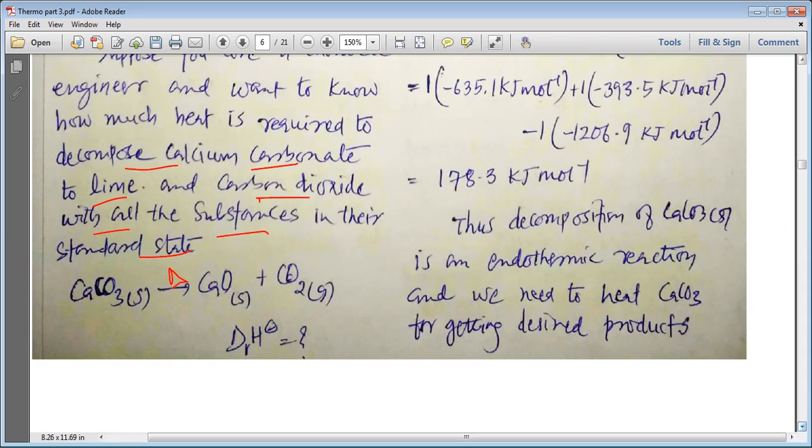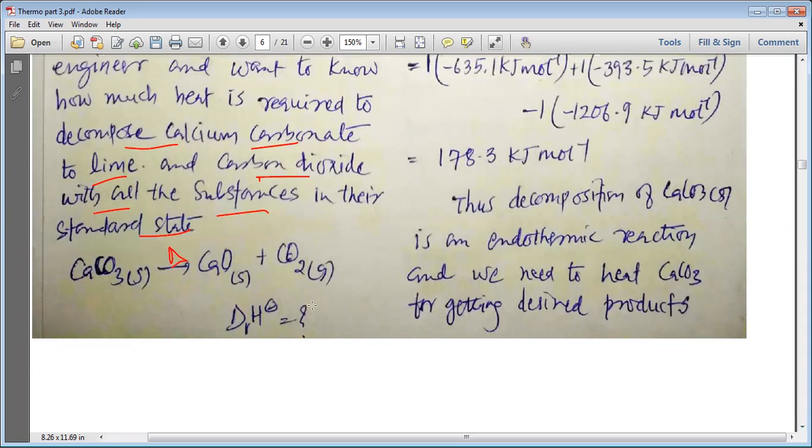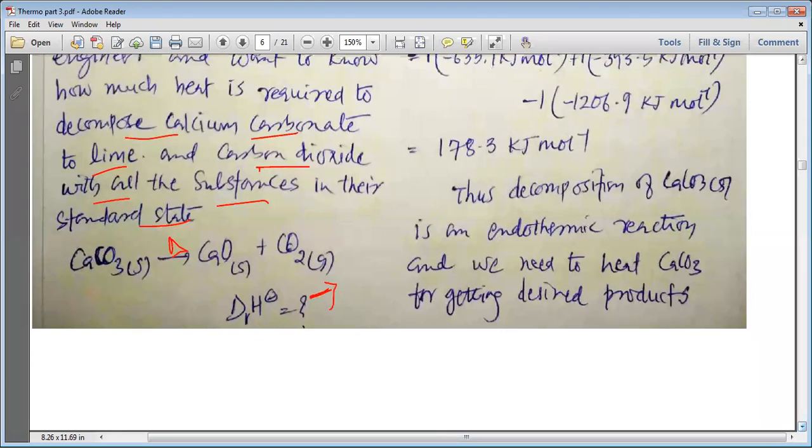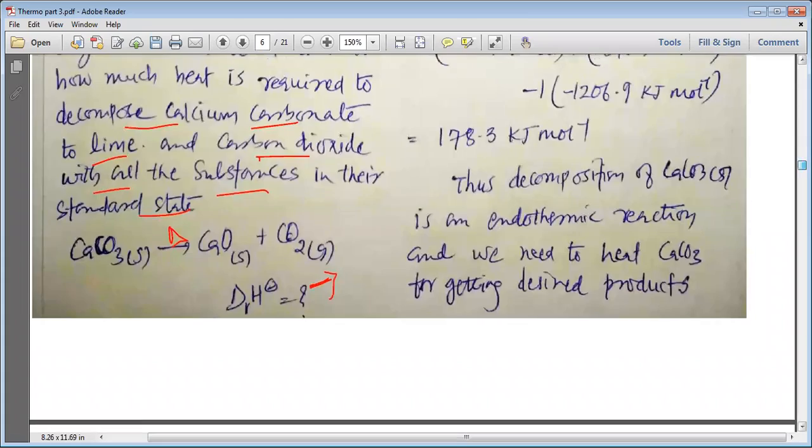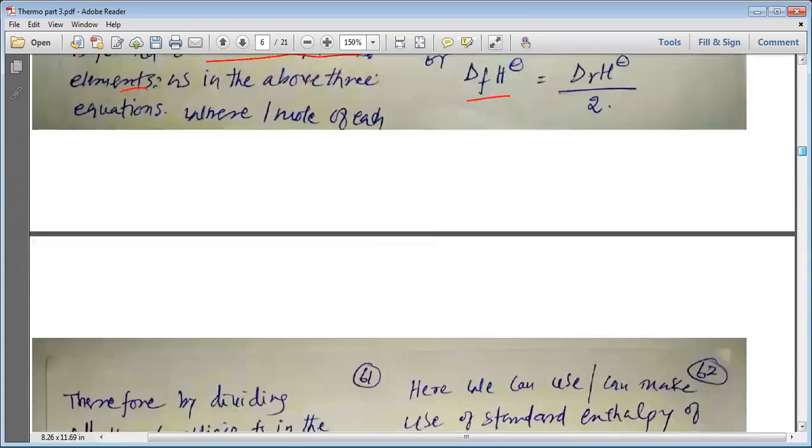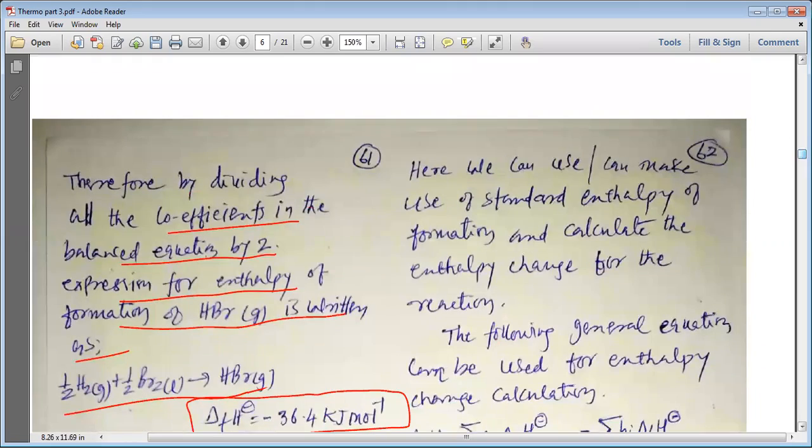So what you need to know is the enthalpy of reaction for 1 mole of calcium carbonate. By knowing this, you can easily understand how much energy is needed to break the calcium carbonate into calcium oxide and carbon dioxide.